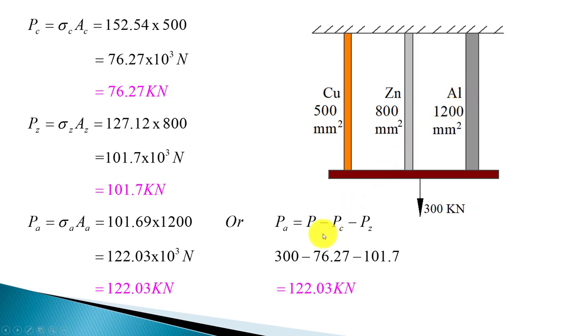So you can also do that. P minus PC minus PZ will give the load taken by the other material, that is aluminum. Which will give the same value as this, 122.03. So we got the stresses induced in all the materials and also the load taken by the three different materials.